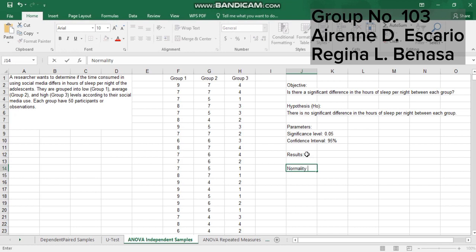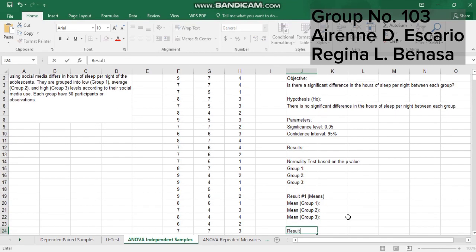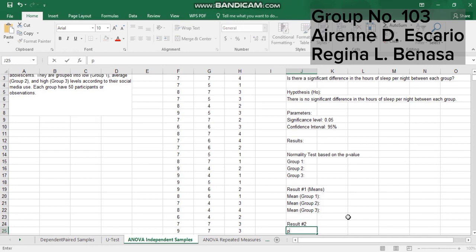We have the results for the normality test based on the p-value for group 1, group 2, and group 3. Result number 1 includes the means from group 1, 2, and 3, and result number 2 is for the probability value.